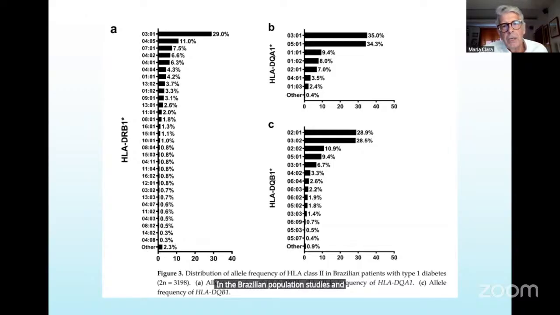And also for DQB1*03:02, that is also known to be largely associated with type 1 diabetes.